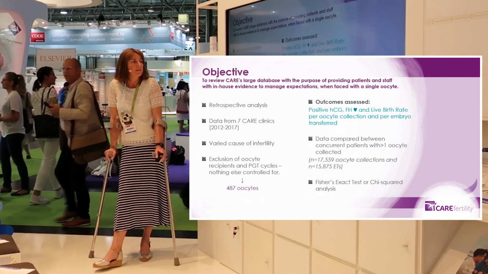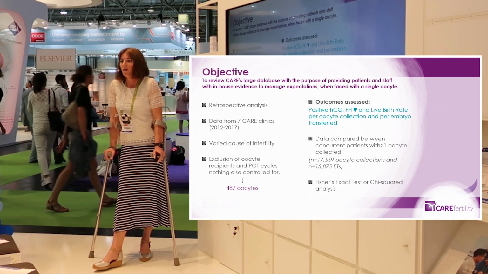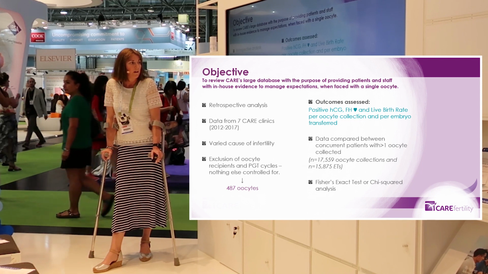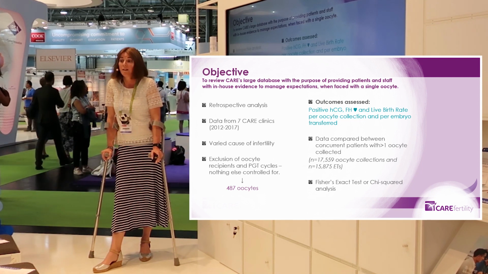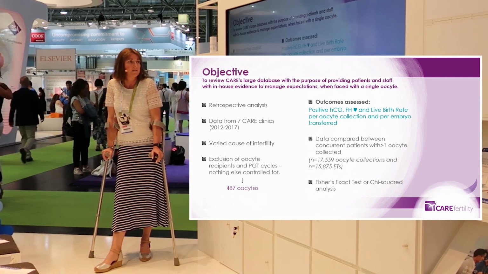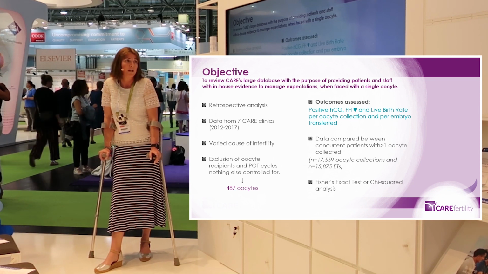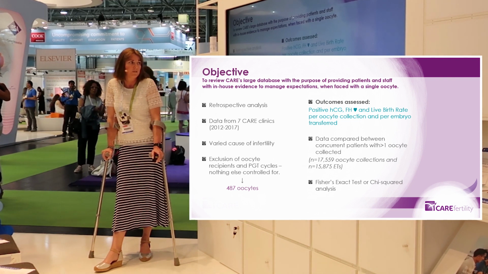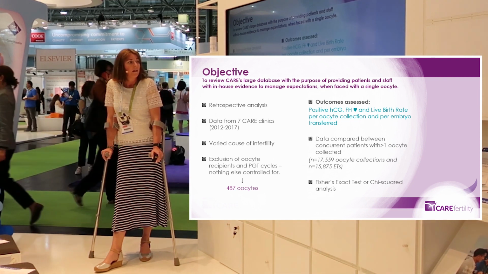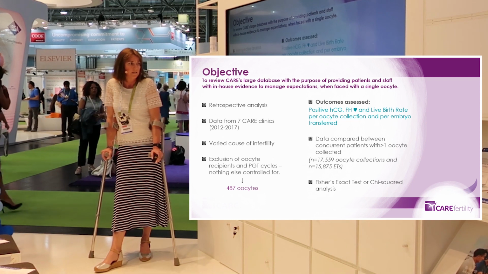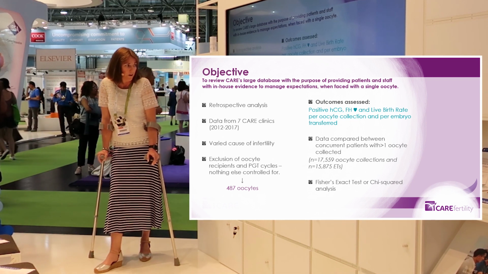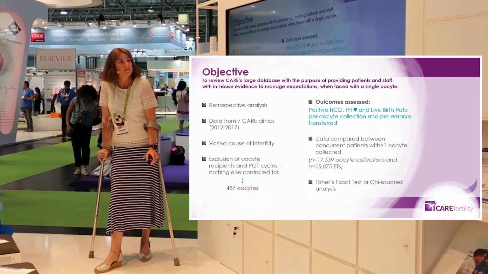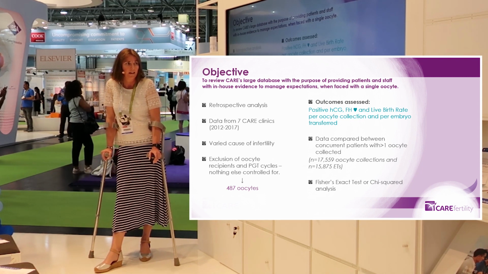At CARE, we're lucky that we are a large group of clinics, and we can look at data from within our own clinic to provide patients with this information. This is a retrospective analysis from 7 CARE clinics over 5 years, and we had 487 oocytes, all singly collected.